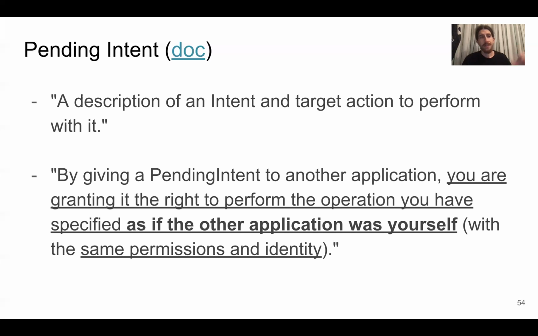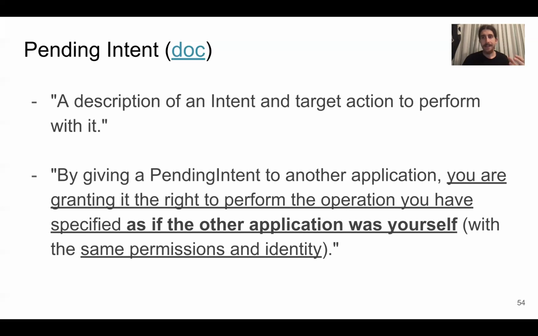And let's say that activity 2 is not exported. Now, if activity 2 is not exported, you may assume up to now that there is no way that another application can start it, and you will be correct. However, if application A creates a pending intent wrapping an intent pointing to activity 2, and this pending intent is sent around to application B, now application B has the right and a way to interact with activity 2 of application A, even if it's not exported.